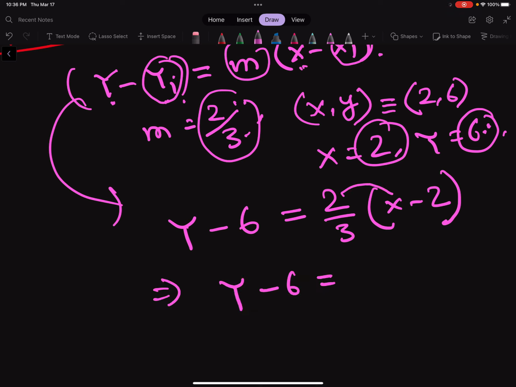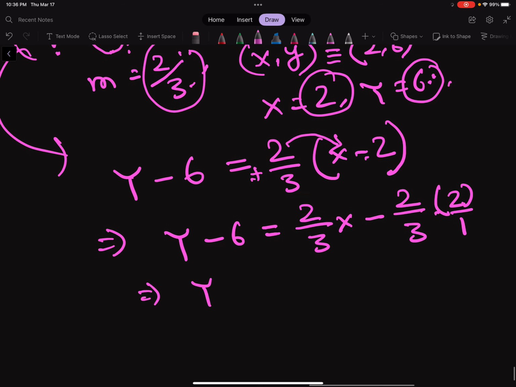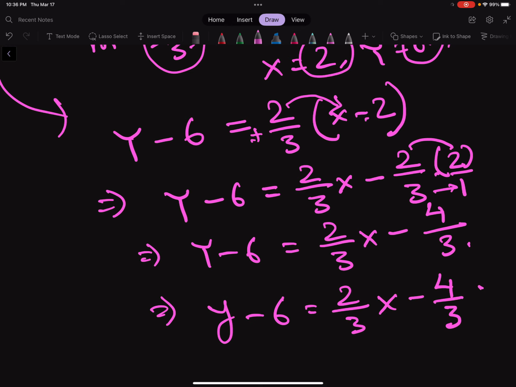We distribute: x with 2 over 3 gives us 2 over 3x, and a positive and negative gives us negative. 2 over 3 multiplied with 2, there is a 1 in the denominator, gives 4 over 3. So we have y minus 6 equals 2 over 3x minus 4 over 3.